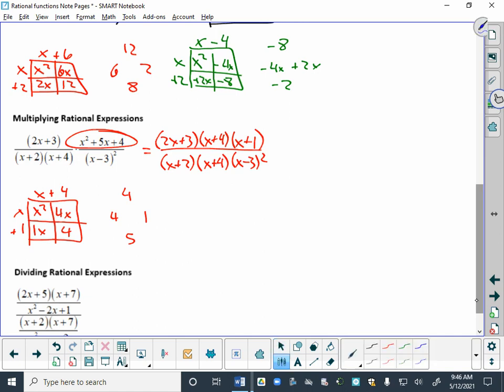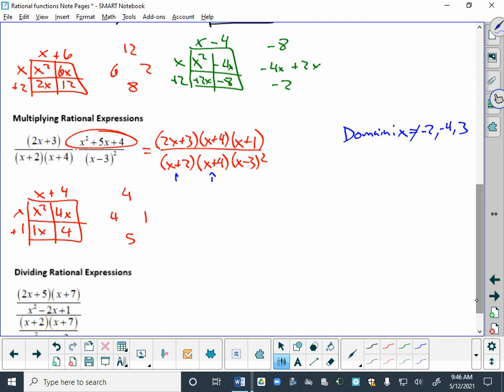We can see from this that the domain, numbers that we're not going to be able to have are a -2, a -4, or a 3. So those are the 3 numbers that will not have an output if I use them as an input.